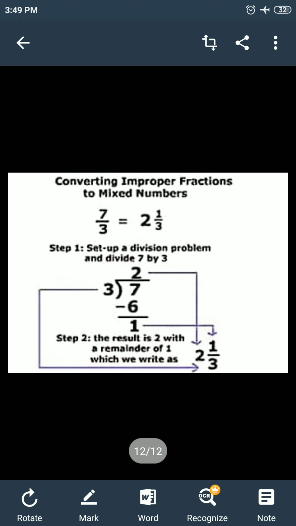So here we take the help of division. When we divide, we have 2 as the quotient and 1 as the remainder. And remember, our denominator will remain the same. We take 2 as the quotient as the whole number, and the remainder as the numerator, and our denominator will remain the same. Thank you.